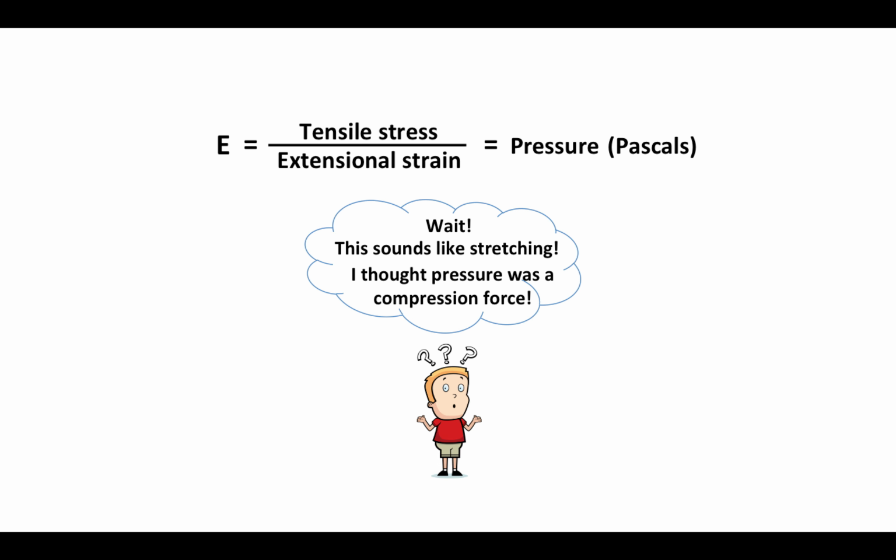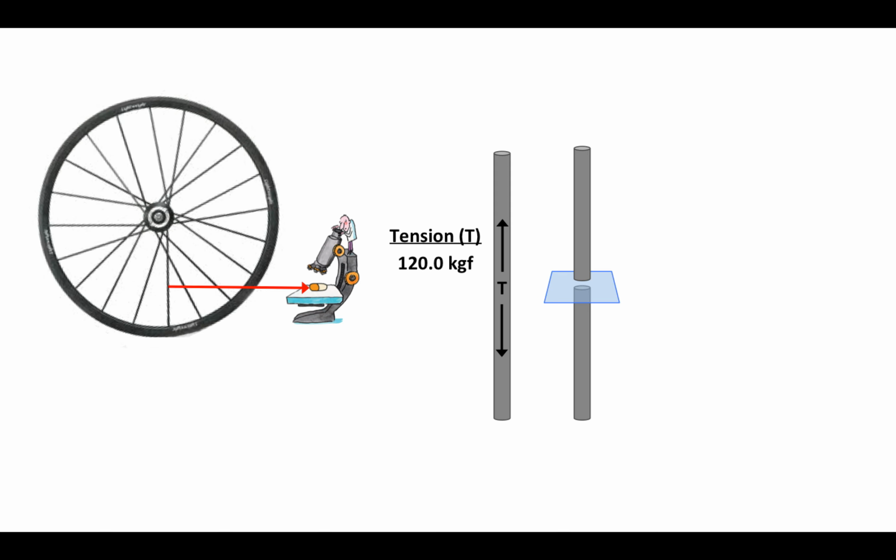But wait, this sounds like stretching, and I thought that pressure was a compression force, so let's take a quick detour and explain that. Let's take one of the spokes from a wheel and put it under a microscope. Now I'm going to take that spoke and examine its cross-section. I'm going to tension it, and in so doing I'm putting a force on it, either expressed as kilograms of force or as newtons, and there's my force.